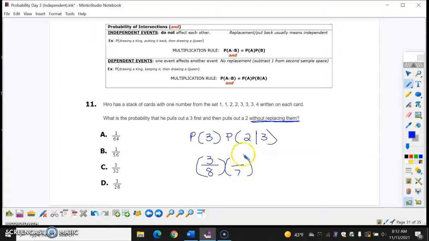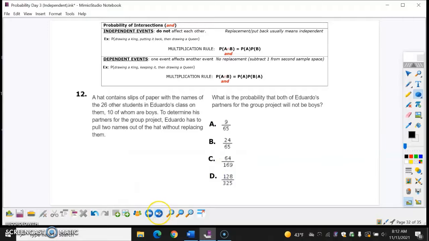Out of these 7, if we take one of these 3s away, how many of them are 2s? There are 2 2s out of those 7. You can multiply those to get 6 out of 56, which reduces to 3 out of 28.